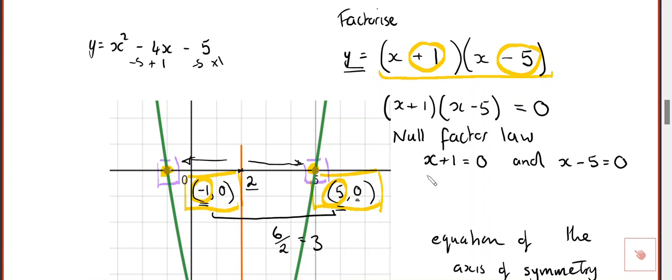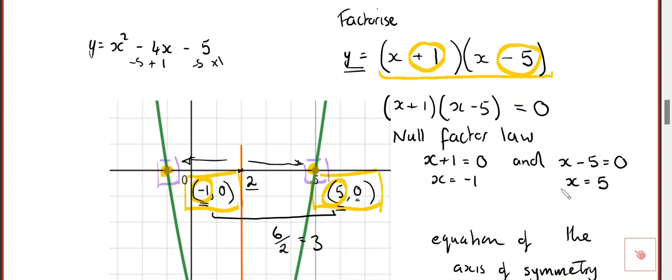What add 1 makes 0? -1. What subtract 5 makes 0? Let's think about it more. What subtract 5 makes 0? 5. x equals 5.